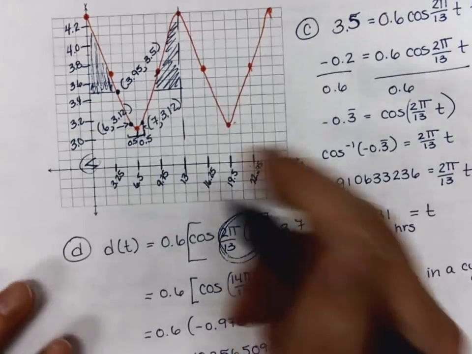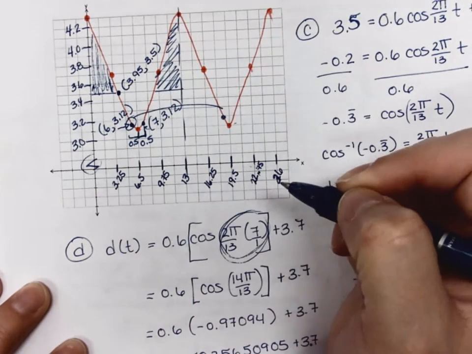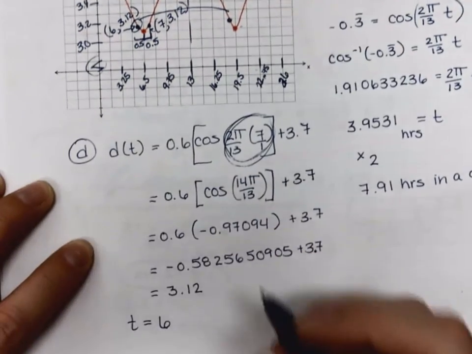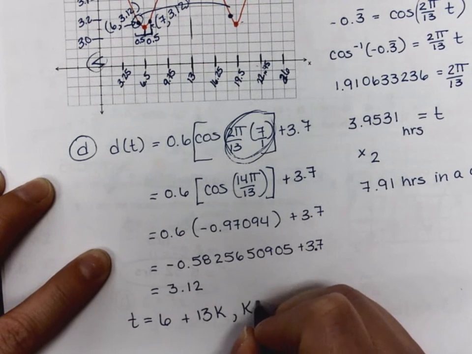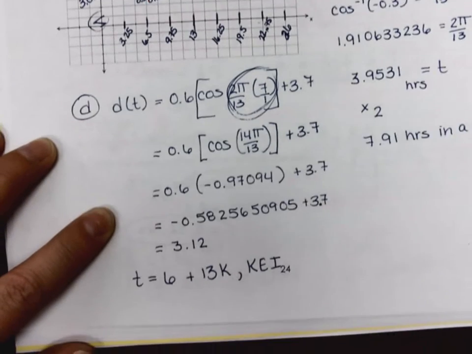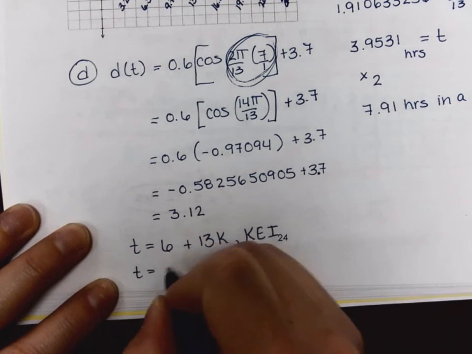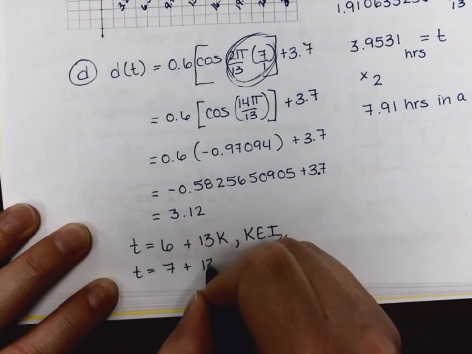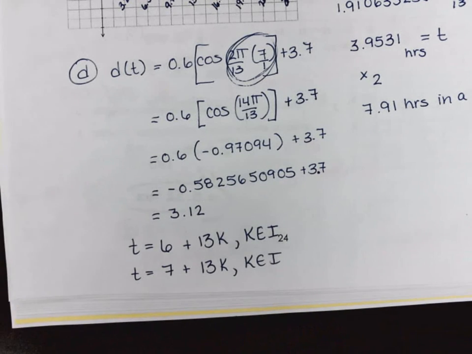It's going to be on this wave, so 13K. What's your period? Because we're adding a full cycle to it. Now what's my second one? 7 plus 13K, where K is an element of the integers. Okay, that's it. Yay!